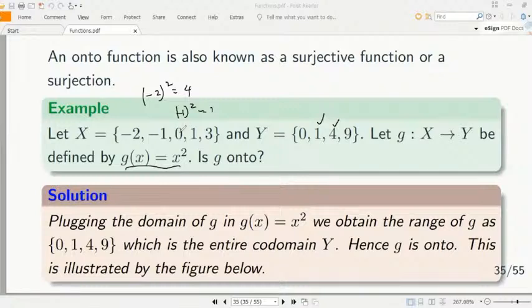Where is 0 assigned to? 0 squared will be 0. Where is 1 assigned to? 1 squared, which is 1. Where is 3 assigned to? 3 is assigned to 9. So all those elements of the codomain have been assigned to, and therefore this function G is onto.